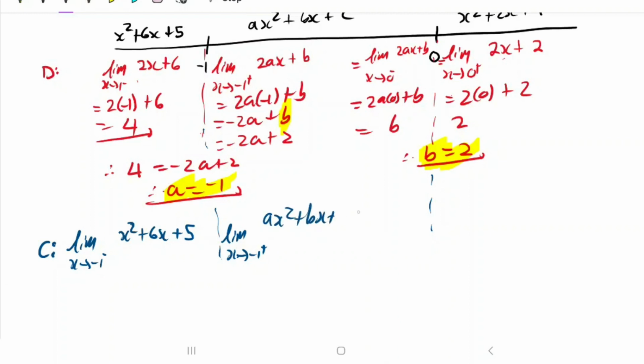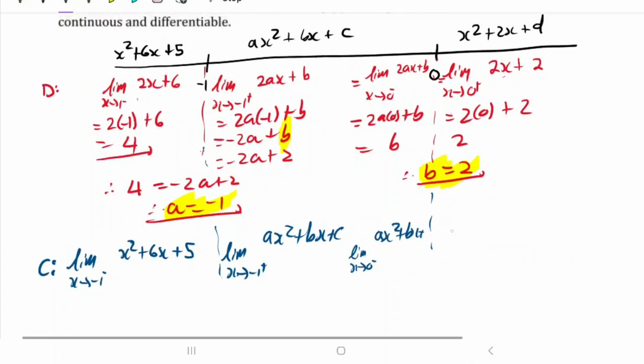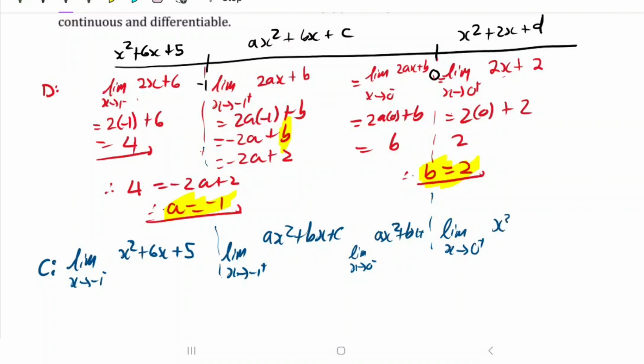We will now substitute our limits as we go on. And similarly here, if we are trying to find the limit at 0, we are getting again the limit as x tends to 0 from the left, we are getting x squared plus bx plus c. And similarly, on this side, if we go in with continuity, the limit as x tends to 0 from the right becomes x squared plus 2x plus d.